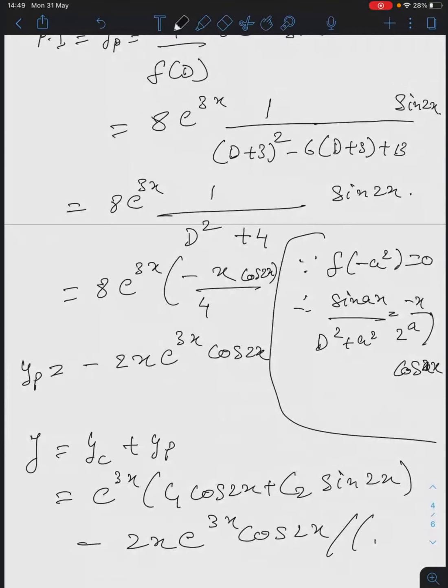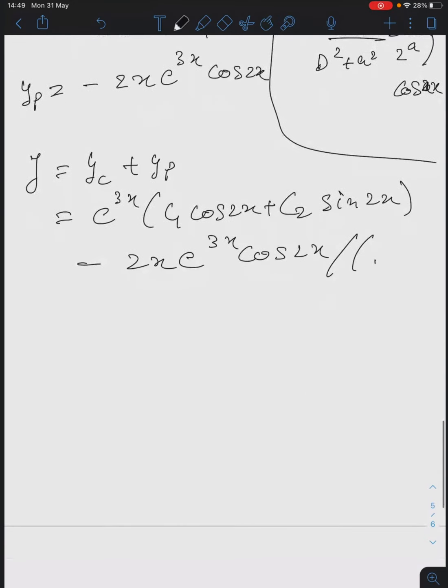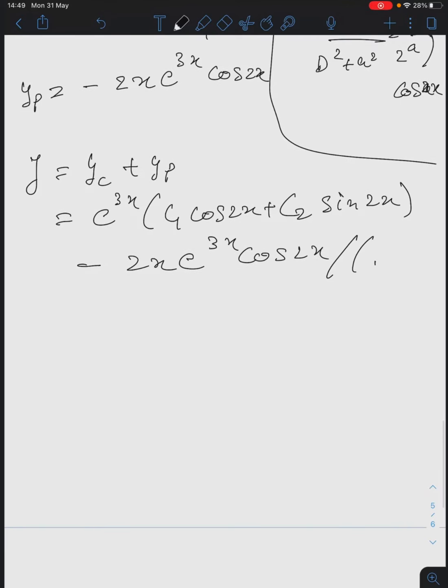This will be the required solution. Understood? Yes, ma'am. So in this manner, you need to apply this thing when e to the power ax is in multiplication.